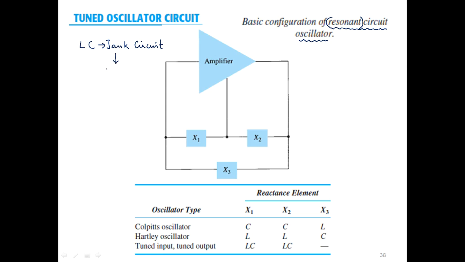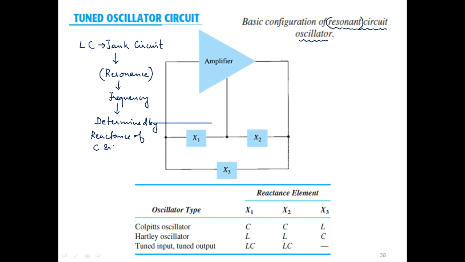Okay, so this particular tank circuit is responsible for the resonance phenomenon, and this resonance phenomenon occurs at a particular frequency, and this particular frequency is determined by the reactance of the capacitor and the inductor.